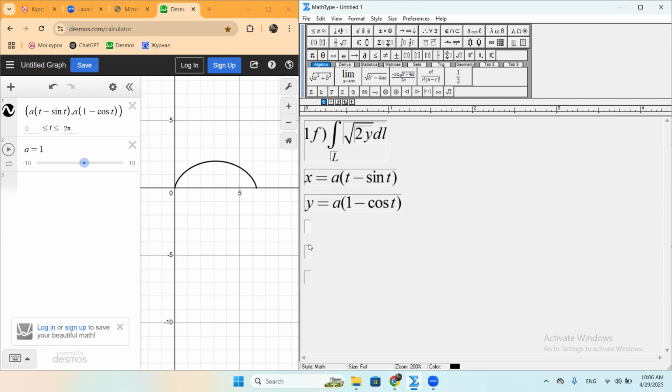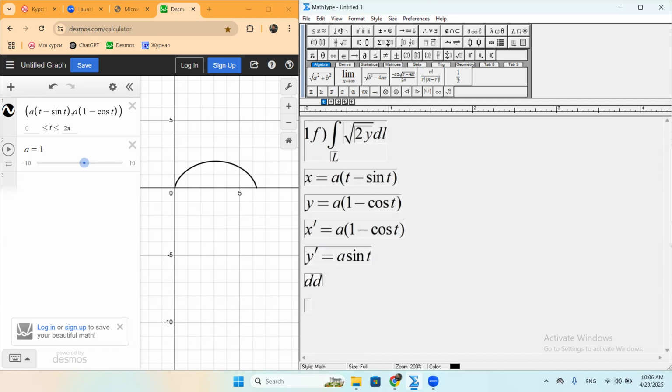So again, calculating derivatives. x prime equals a multiplied by 1 minus cosine of t. y prime equals a sine of t.